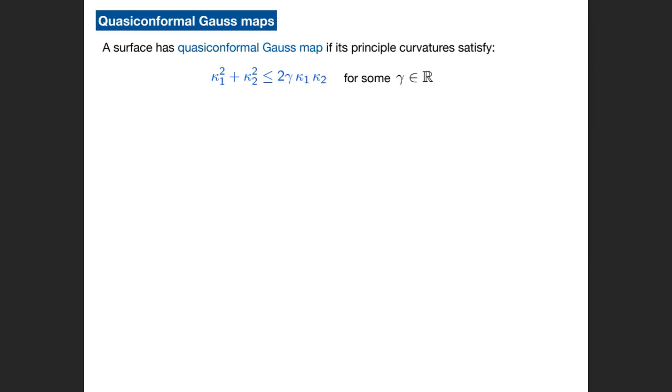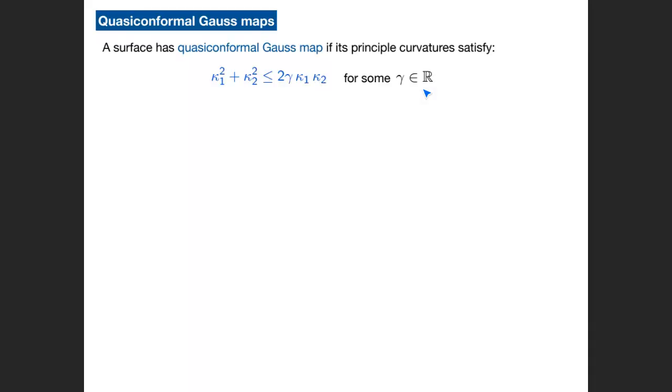So, well, quasi-conformal maps, also sometimes called quasi-regular maps, are a very well-known topic in analysis. But from our geometrical point of view, for a surface to have quasi-conformal Gauss map means that we have this inequality here between the principal curvatures of the surface. So this is equivalent to the fact that the Gauss map of a surface is quasi-conformal.